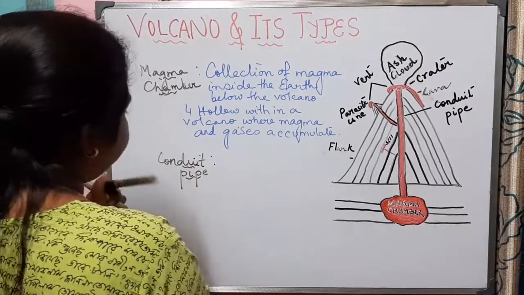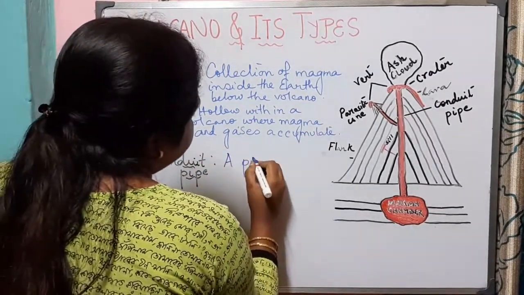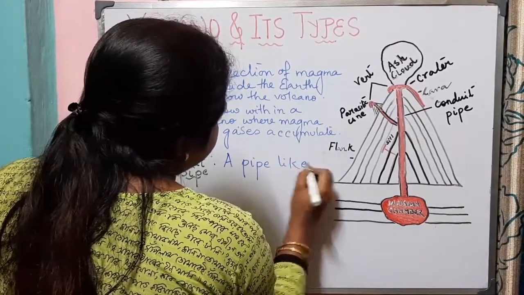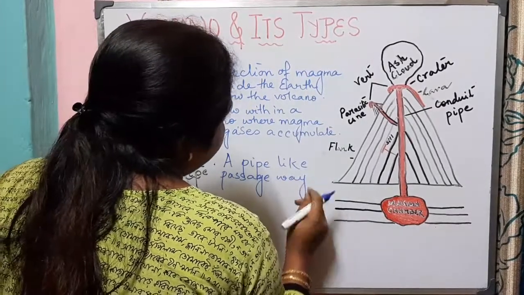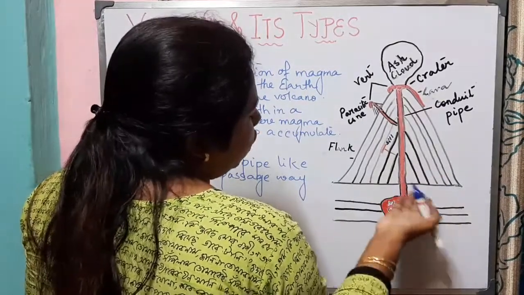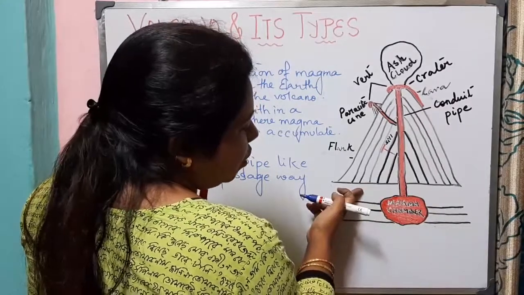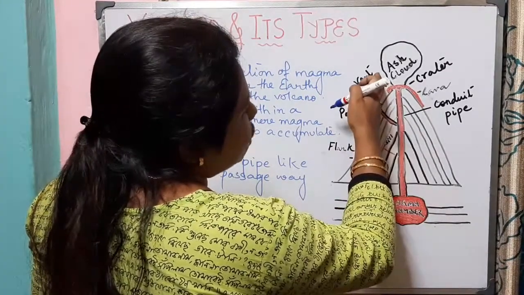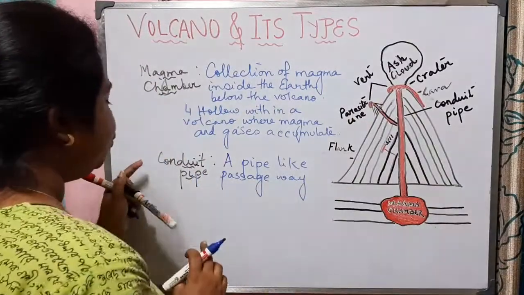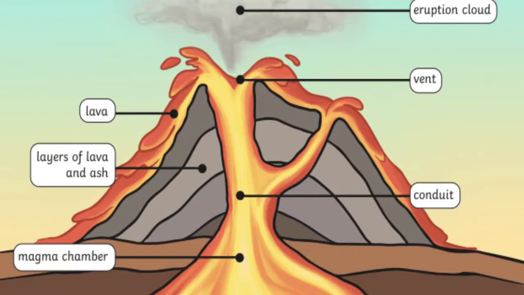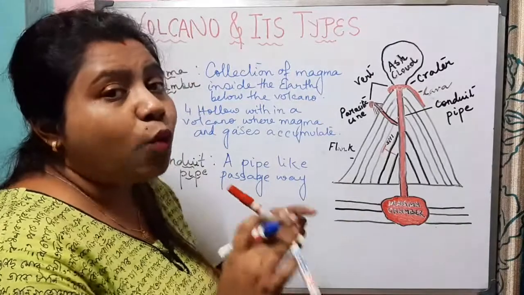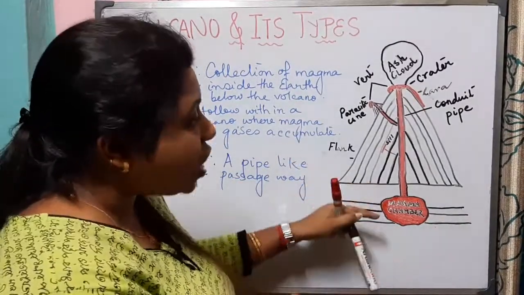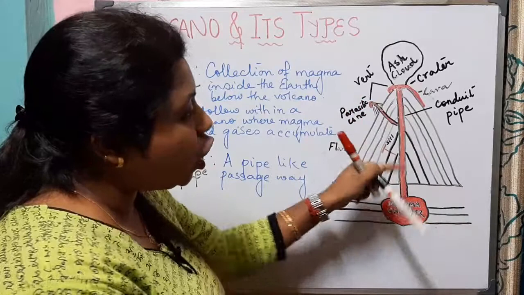A conduit pipe is a pipe-like passageway via which the volcanic materials from the magma chamber move to reach the surface. Some of the volcanoes have a single conduit pipe, while others may have a primary conduit pipe with one or two additional conduit pipes, which are the branches of the main conduit pipe.